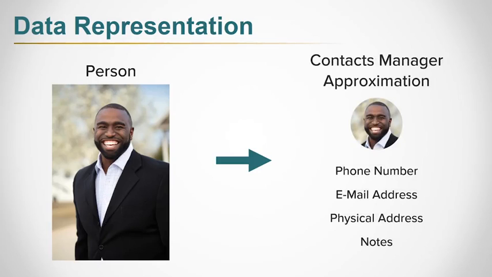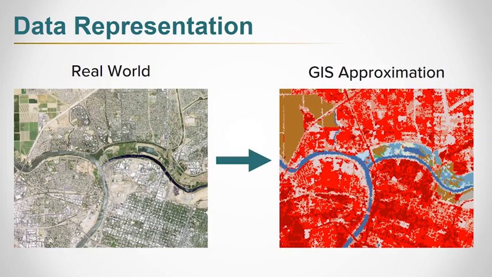The information you store about a person isn't a complete description of them. It's things like a phone number, an email address, maybe their physical address, maybe some other notes. As a profile of a person, it's an approximation. It's not sufficient to recreate a person by any means, but for certain uses it's exactly what we need. GIS data is the same. We simplify the world into data structures we can use in our work.